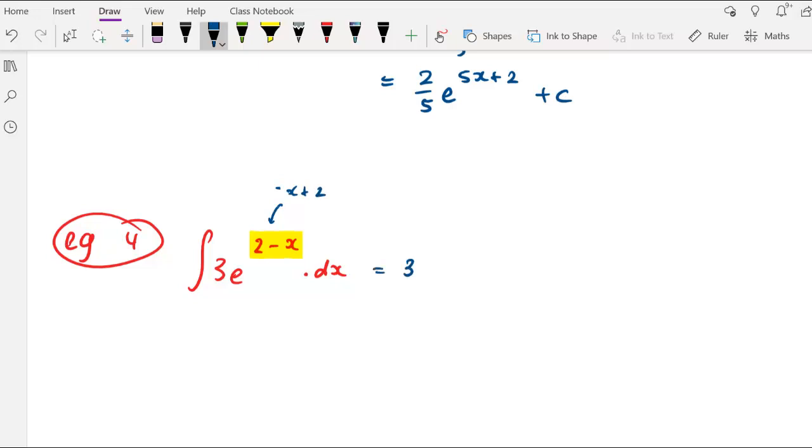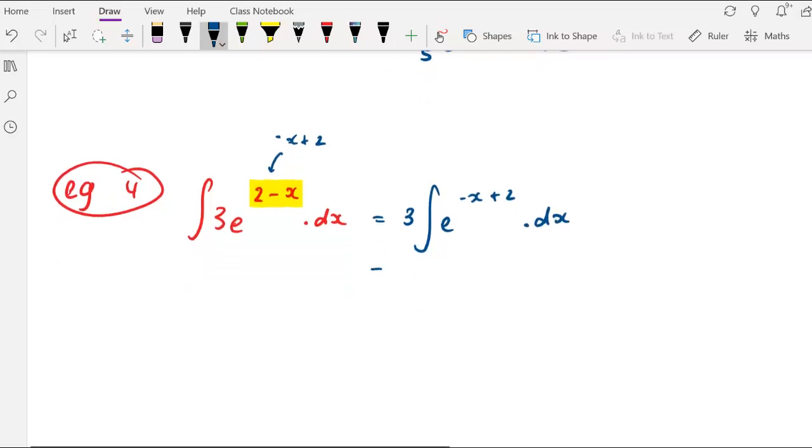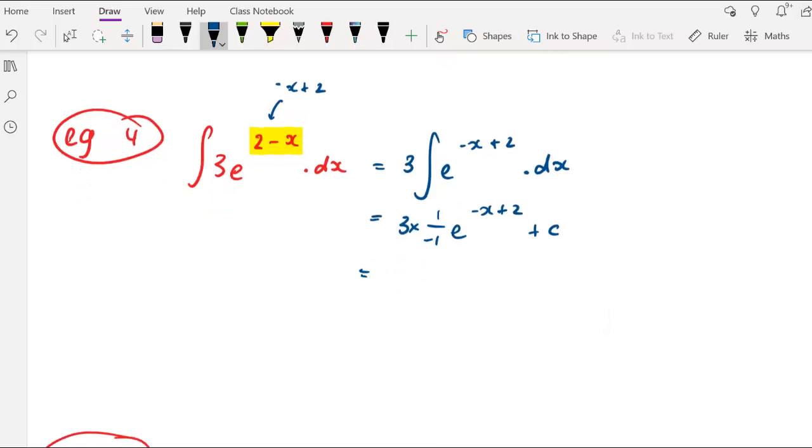So we've got 3 integral e to the negative x plus 2 with respect to x. And that means we've got 3 multiplied by 1 on negative 1, and then e to the negative x plus 2 plus c, and that comes out to be negative 3 e to the 2 take x. So I've just put that back in its original form, plus c. So again, a nice simple integral.